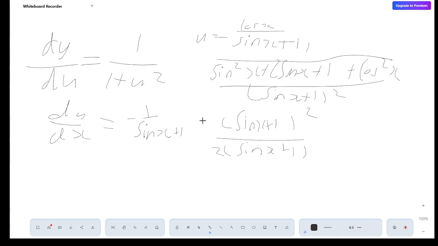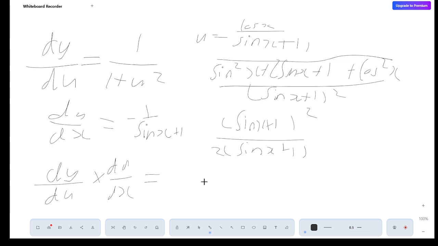Because you found du/dx, and you found dy/du and simplified it, now all you need to do is combine the functions together. The reason we can just multiply, like I said in the previous video, is that you can treat this technically as a fraction. You can't simply state it in conceptual questions, but when you're thinking about it, just say it's a fraction.